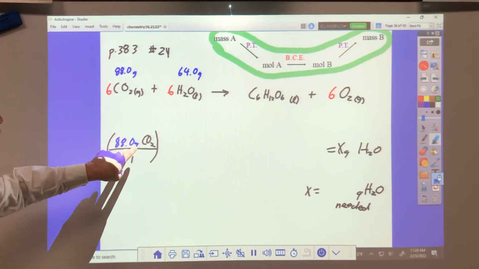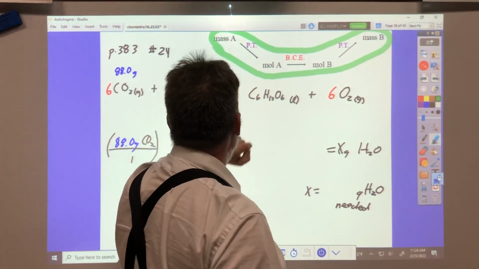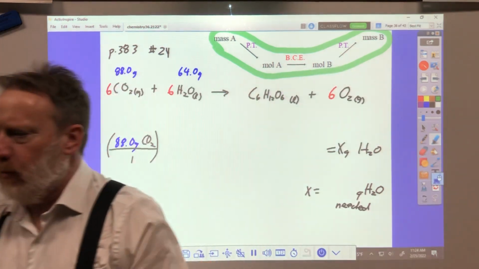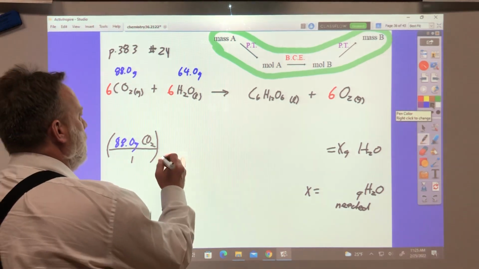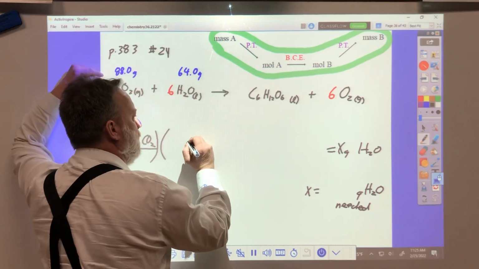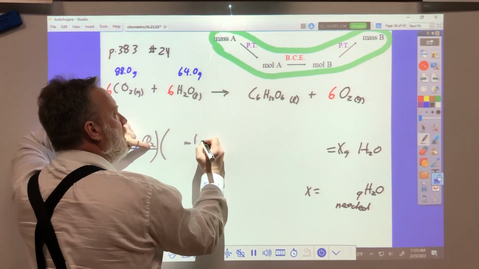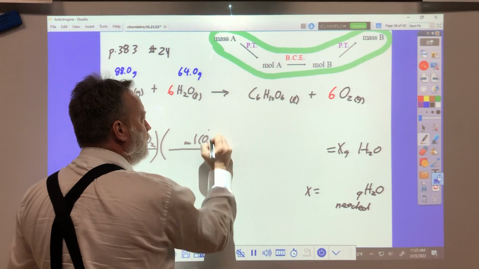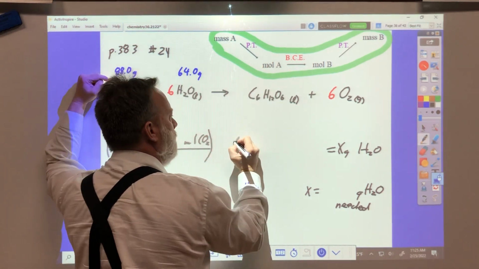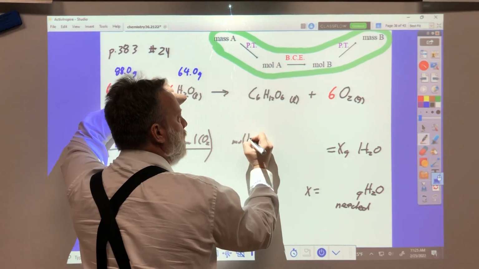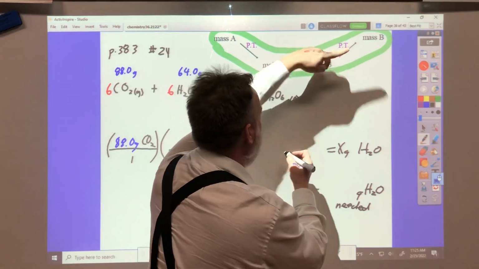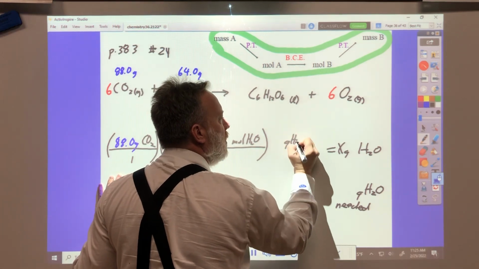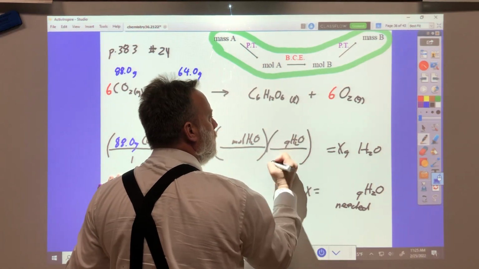So grams, we're going to have this carbon dioxide playing the role of A, water playing the role of B. The next thing is moles A, so that's moles CO2 playing the role of A. Moles B, that's moles H2O playing the role of B. And then grams of B, grams H2O.